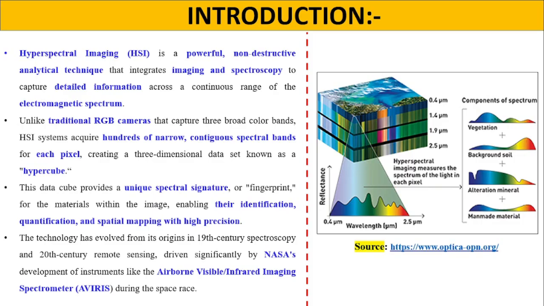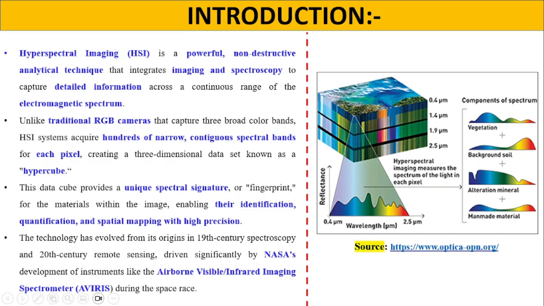Now, the major importance of this technique is that in normal, conventional RGB cameras, we can only capture the color bands pertaining to the three colors, right? But in hyperspectral imaging, for multiple colors, we can capture continuous spectral bands, which means a three-dimensional data set is created, and that is called a hypercube.